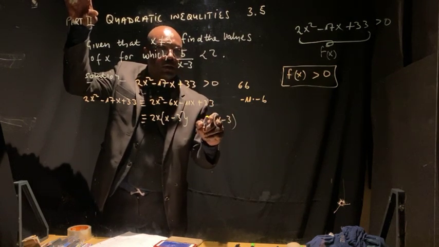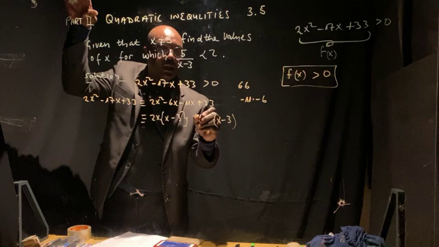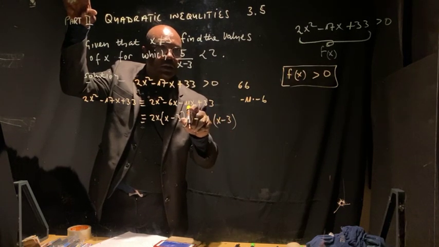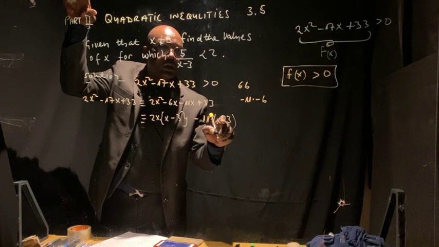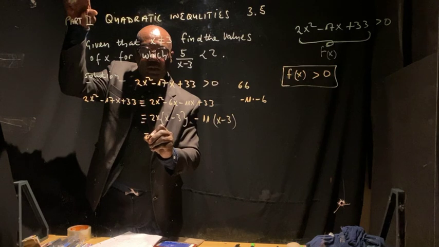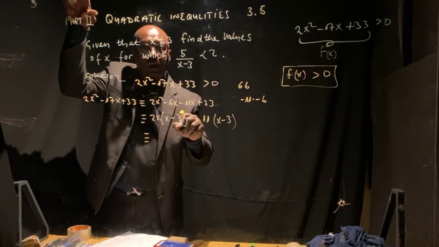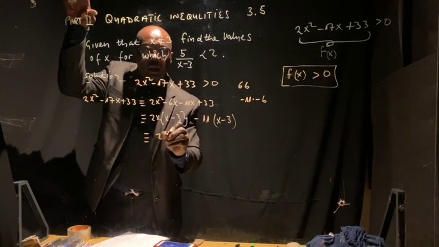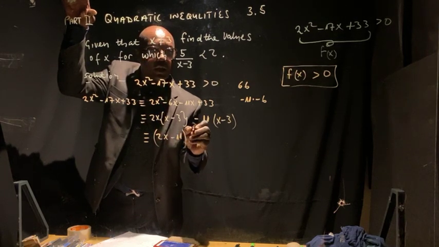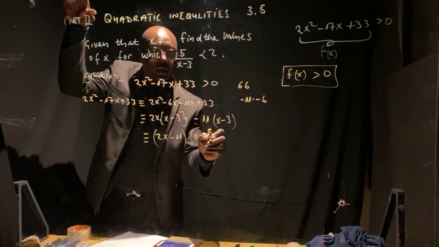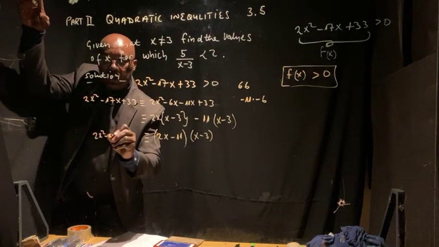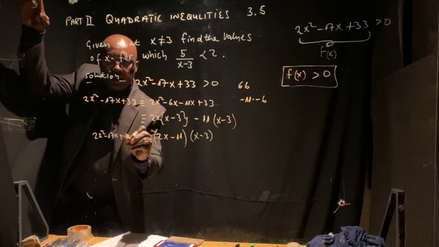And then if we multiply here by minus 11, we have minus 11x, and minus 11 multiplied by 3 gives plus 33. That indicates that it's correct. So factorizing x minus 3 outside, we have 2x minus 11, then x minus 3. Good. This equals 2x squared minus 17x plus 33.